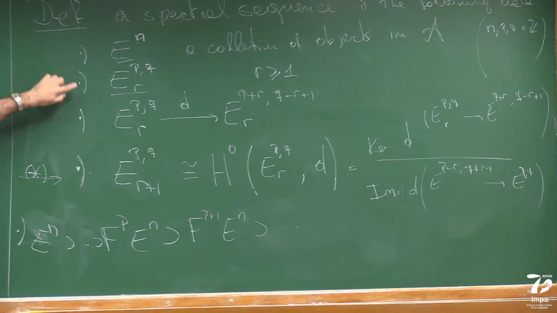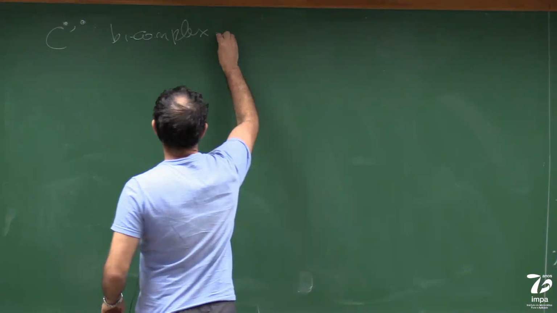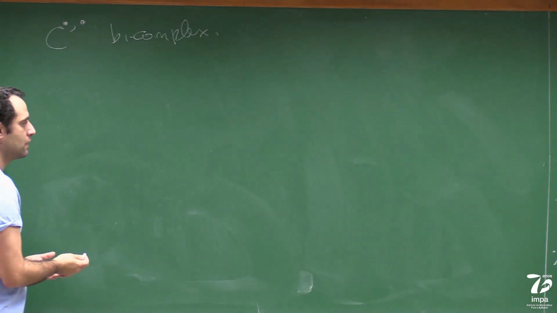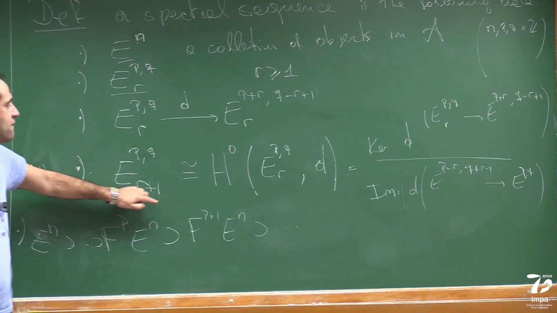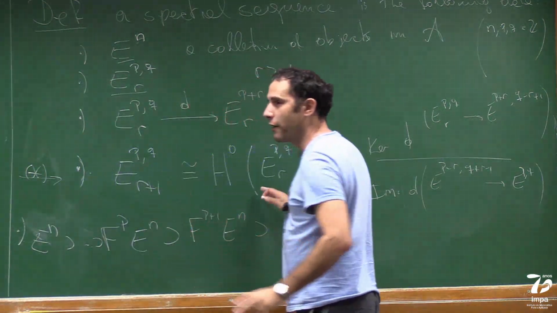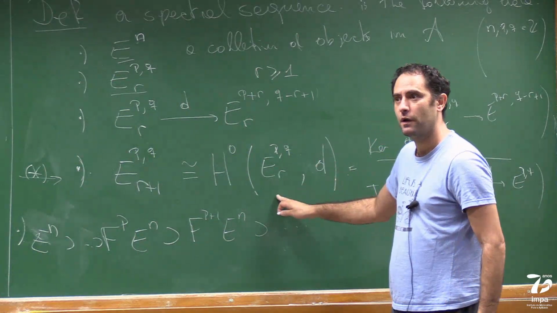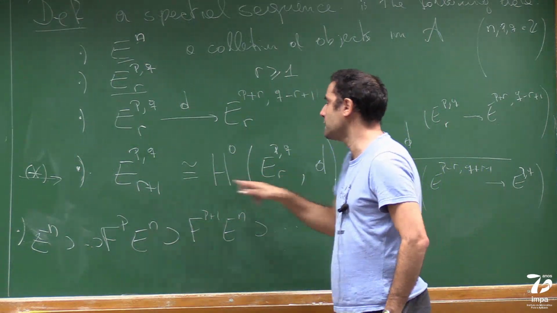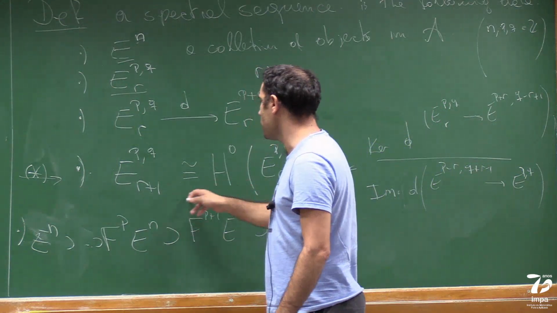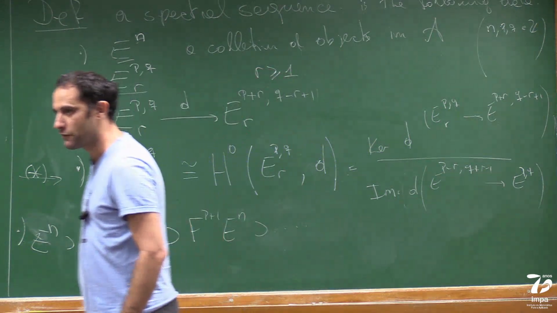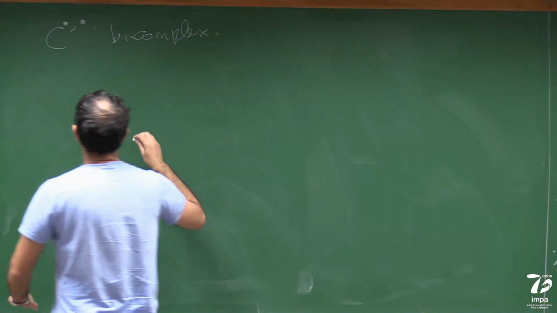But typically what you do is you give me a page, and you define these other ones by this axiom. So you give me E_R for some R. It doesn't matter what happened before. And I just define E_{R plus 1} as this homology. So I only need to give you some differential that I know is going to survive. So this is what I'll do now.